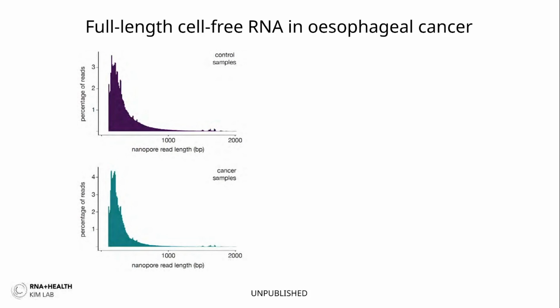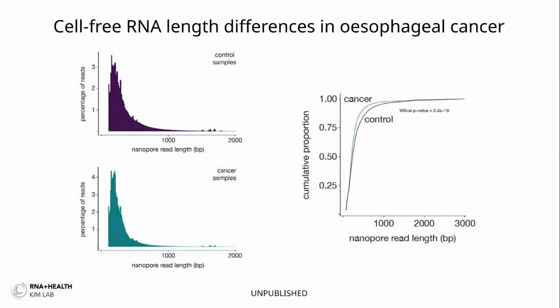But regardless of that, when we look at the cDNA, we see that there is a difference in the size distribution of healthy individuals in their cell-free RNA as well as these cancer patients. And so when you do some statistical tests to identify whether there are significant differences between these control distributions and these cancer patient distributions, we do see that there is a significant shift towards these shorter cell-free RNA molecules within the blood of these cancer patients.